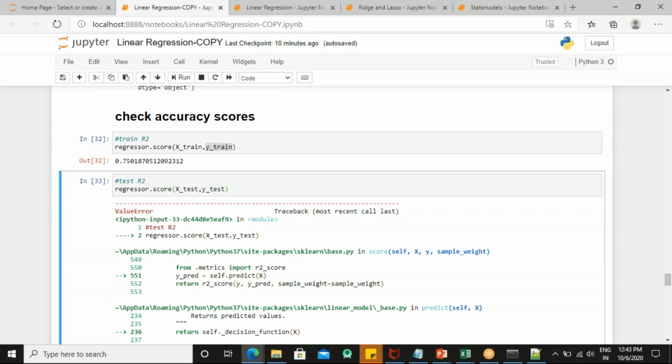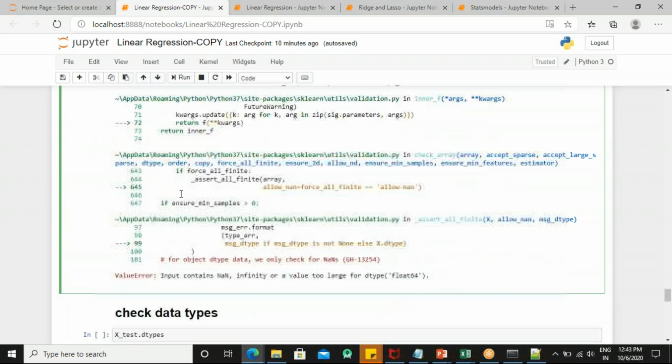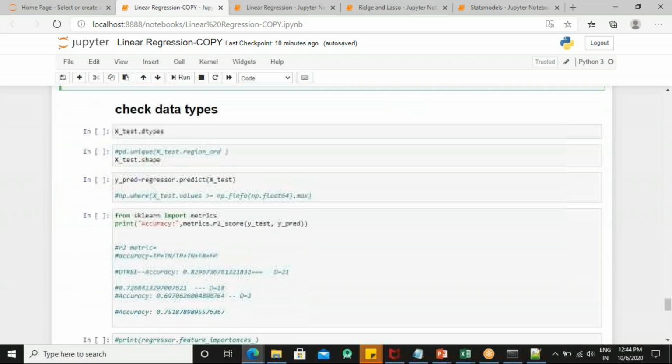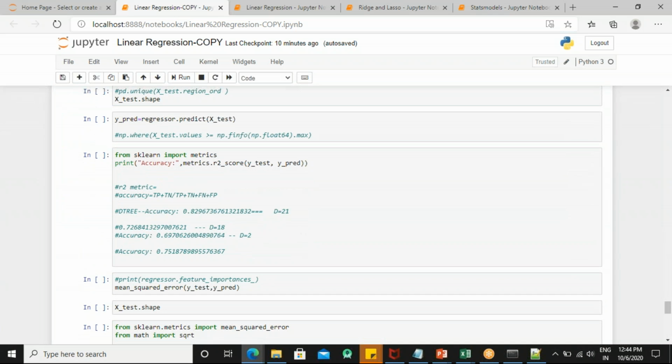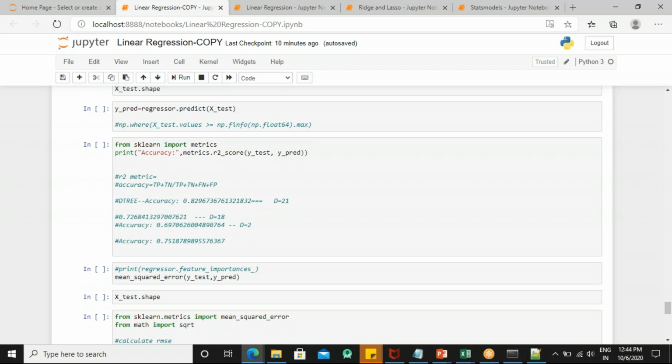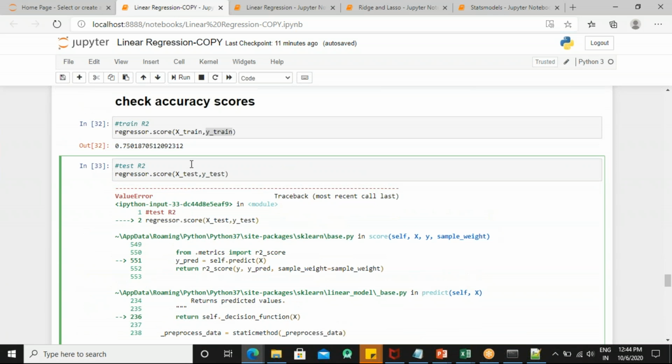If you ideally always go through all of these and you will be able to solve it. So definitely we will solve it.